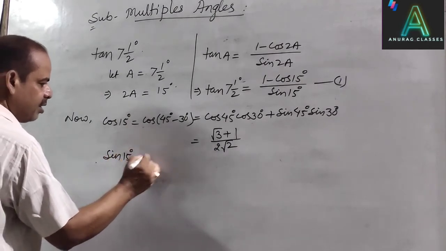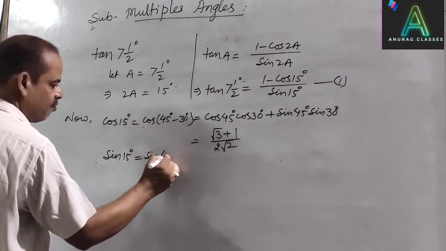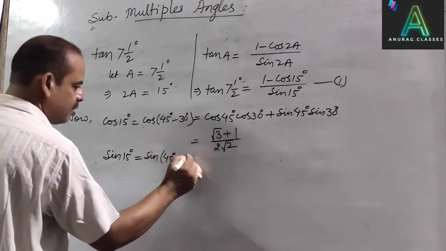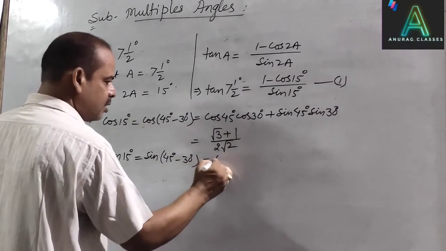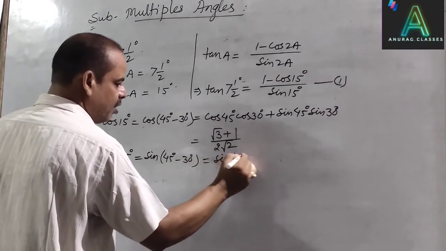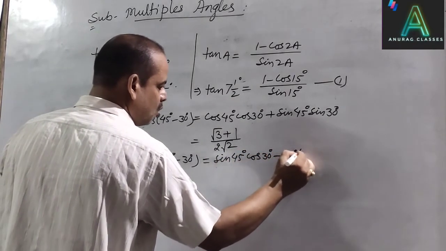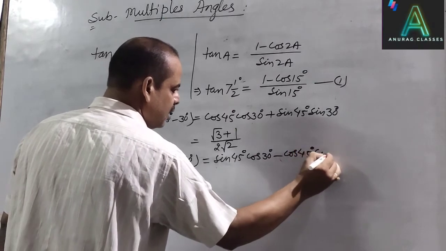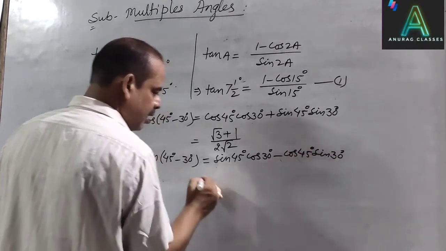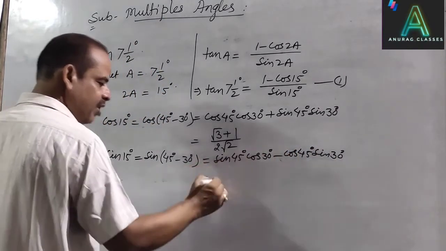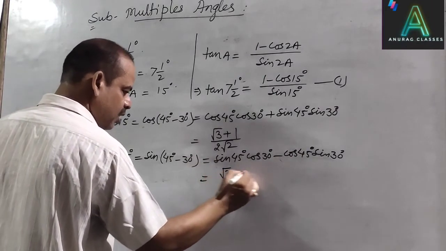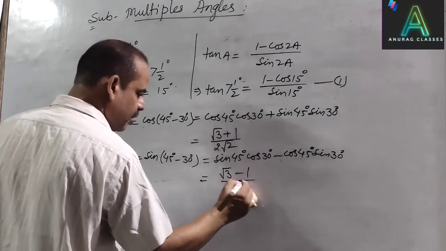Similarly, sin 15 degrees is equal to sin(45 minus 30), that is sin 45 cos 30 minus cos 45 sin 30, and again by putting the values of different terms, you can conclude that it is (root 3 minus 1) by 2 root 2.